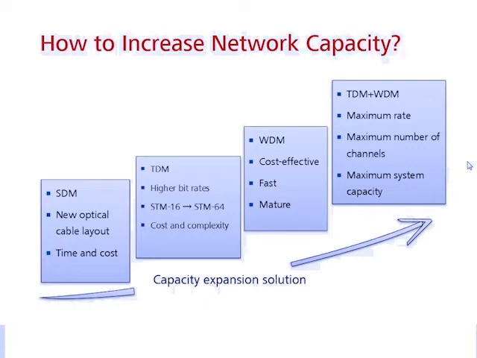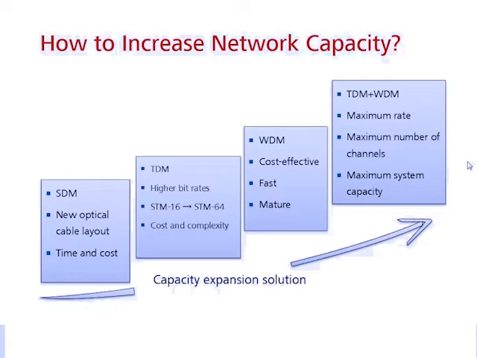Wavelength division multiplexing means we mix a lot of different wavelengths into the same fiber to do the transmission. If you need more capacity, you just add more wavelengths into the same fiber, and you only need to buy the boards which can supply the wavelengths. Other units, no need to buy more. Just use the older boards.